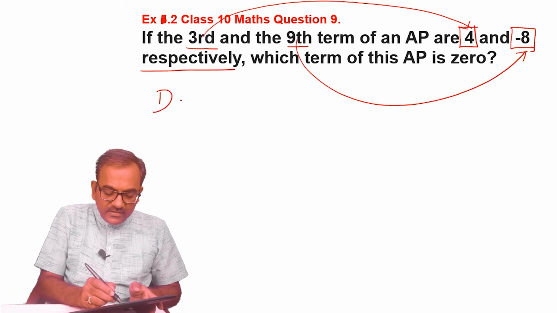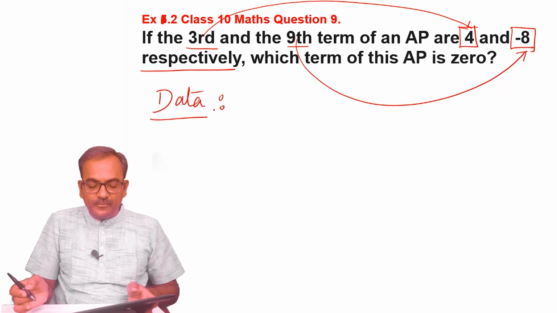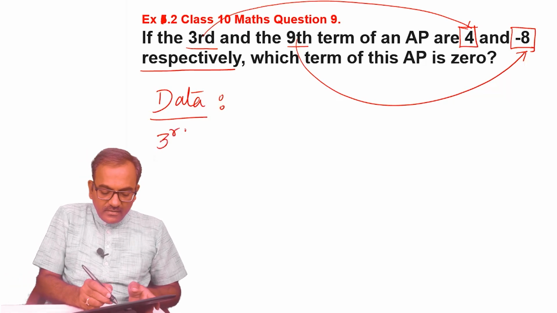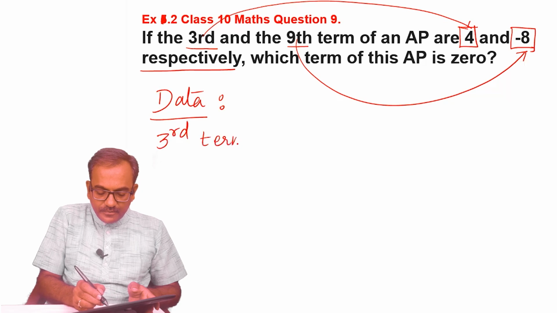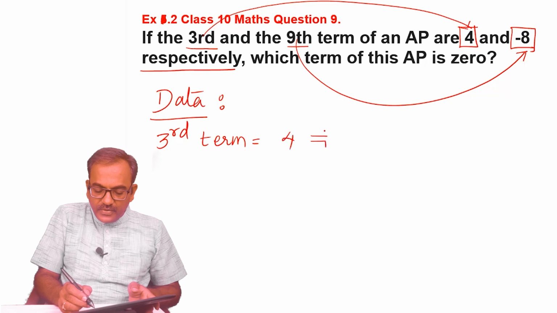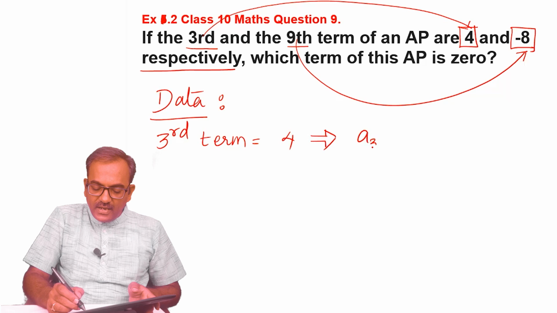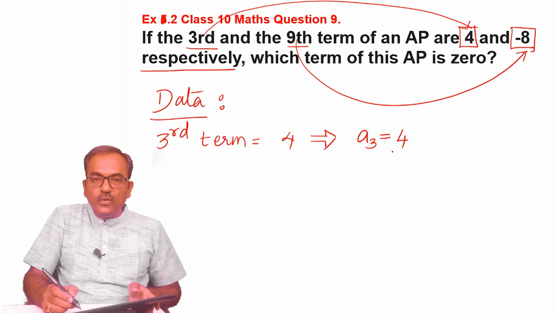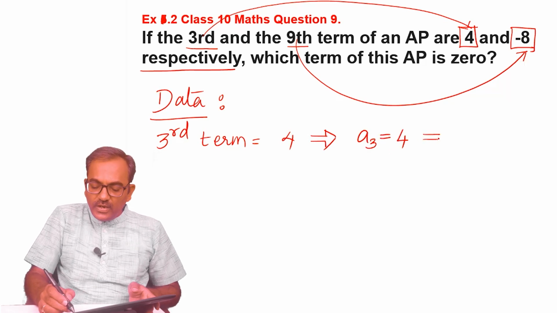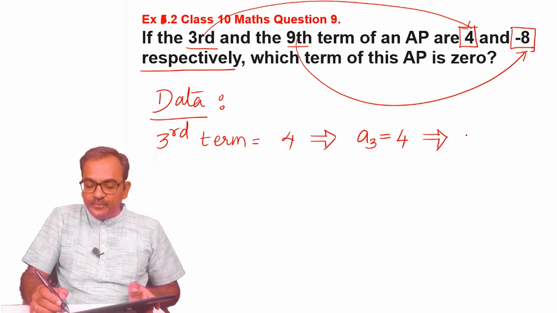So what is the data given? Let me note down the data. Here the third term is equal to 4, which implies A3 is equal to 4. So how do we know the third term with the formula?